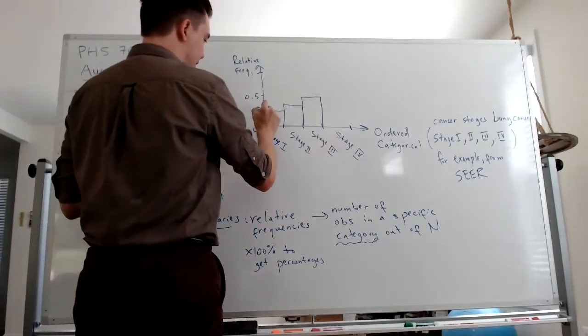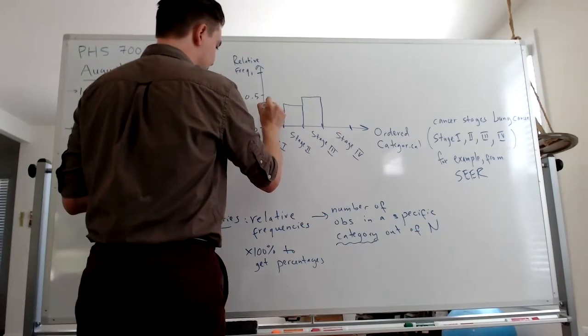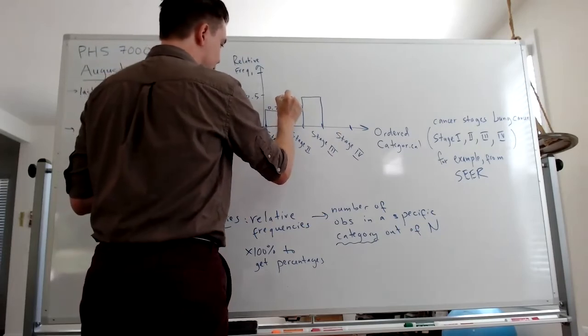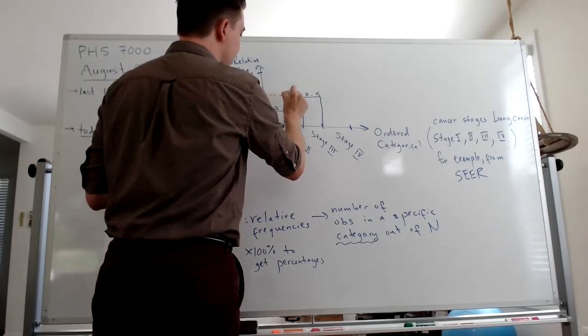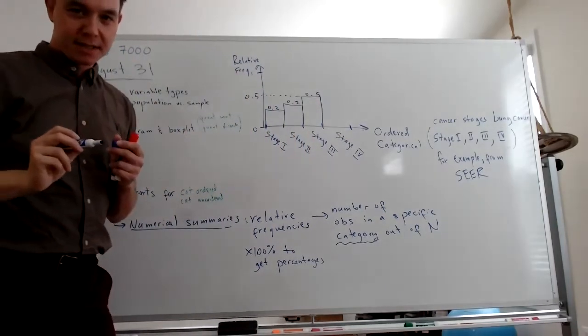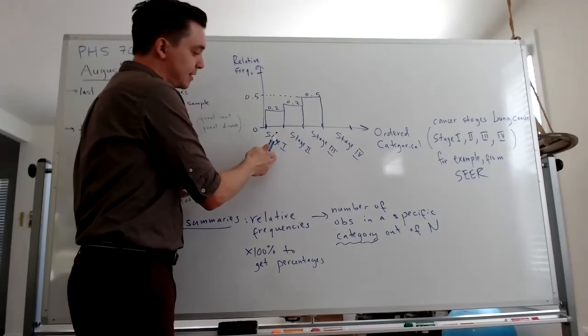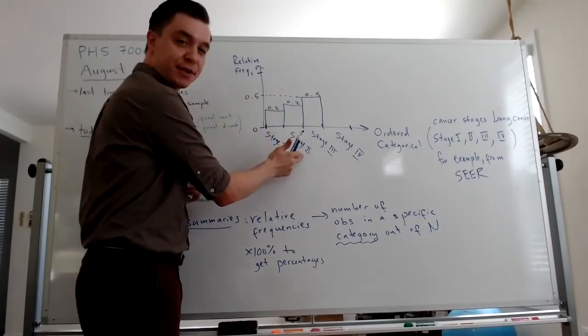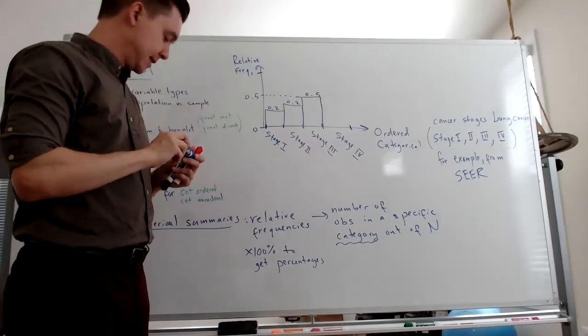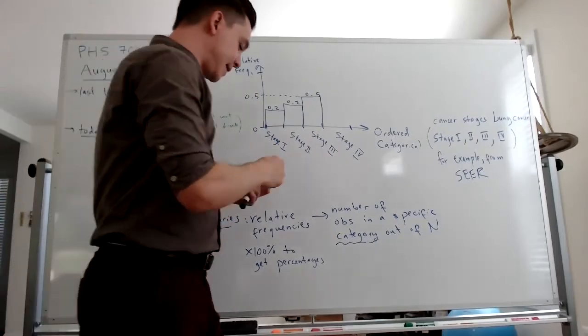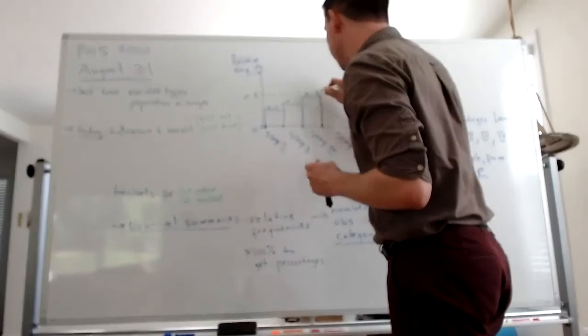Approximately maybe 0.2, 0.2, 0.5, the way I drew this. If 20% are in stage 1, 20% are in stage 2, and 50% are in stage 3. Notice that the height of this next bar can't be 75%.